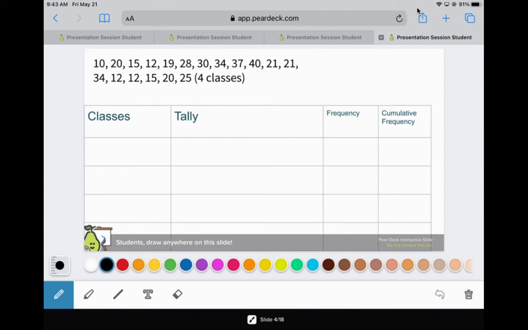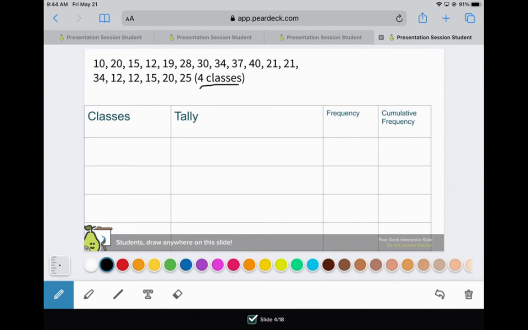This is the frequency table. Some of you may remember, some may not. But before we do this, we need to figure out the class width. They tell you right here that you need to split this into 4 classes, so we need to find the class width.